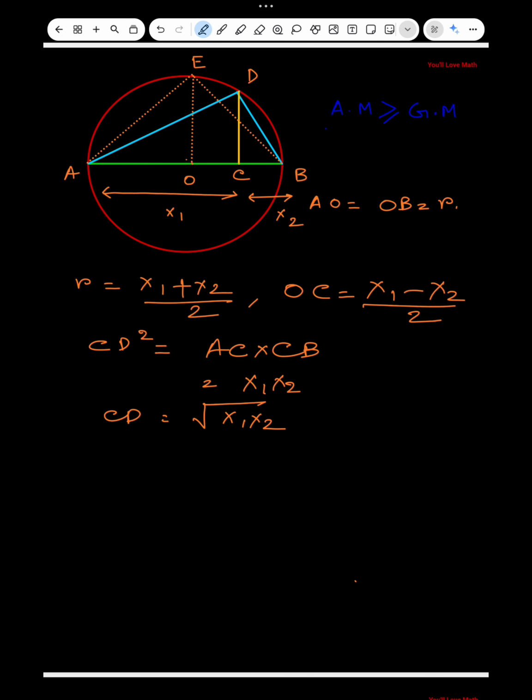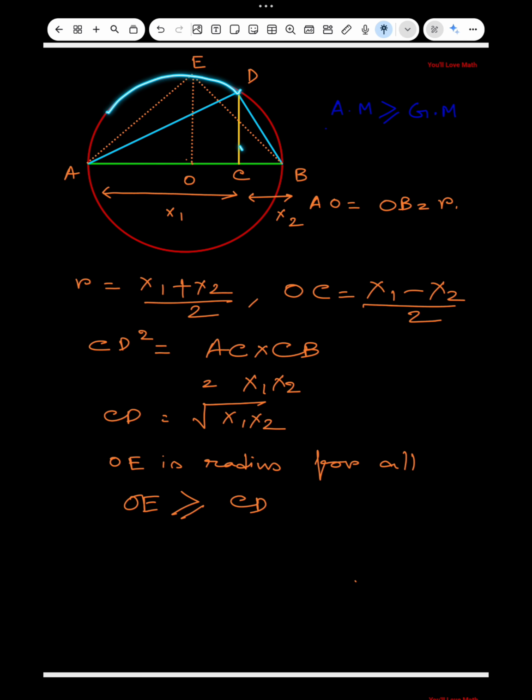Now we know that OE is the radius, and OE is greater than or equal to CD, because CD is changing from this to this, so this value will be coming as CD.